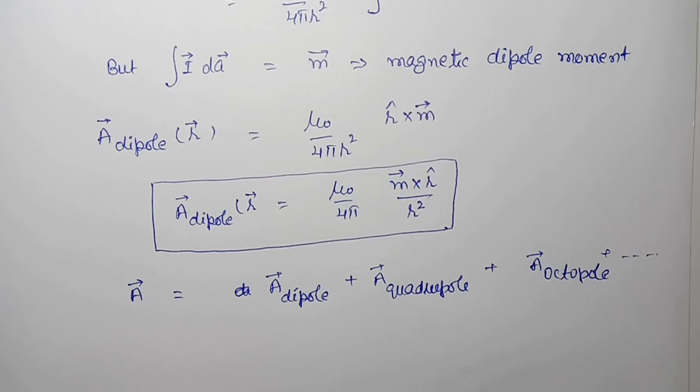Dipole is when n equals 1, quadrupole when n equals 2, octopole when n equals 3, and so on. I will repeat the same: for most practical purposes we can use the vector potential due to dipole only as the total vector potential. Okay, thank you.